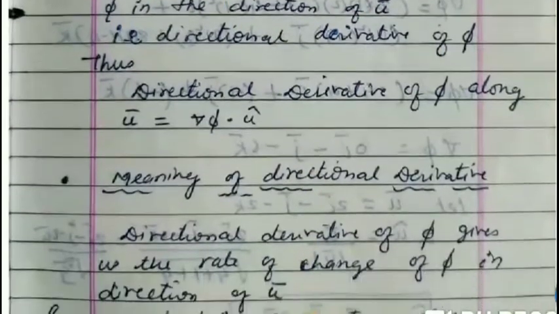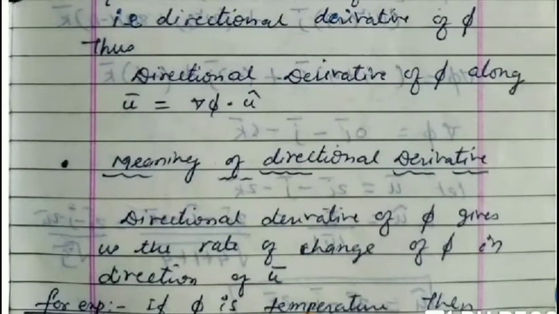Thus, the directional derivative of phi along vector u bar is del phi dot u cap. So clear, students, the formula of the directional derivative of phi along vector u bar is del phi dot u cap. Here del phi is grad phi and u cap is a unit vector.